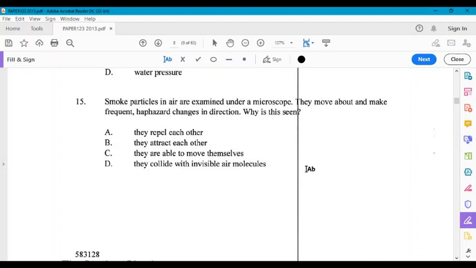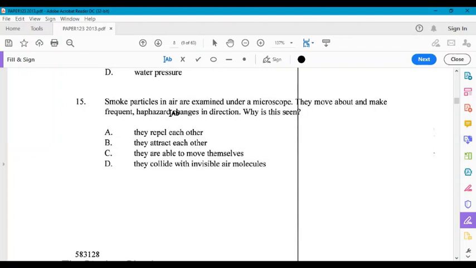Okay, so what's happening is the random movement of air molecules. Nothing is causing them to move. This is just a characteristic of gas particles.